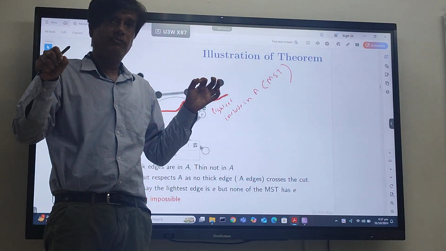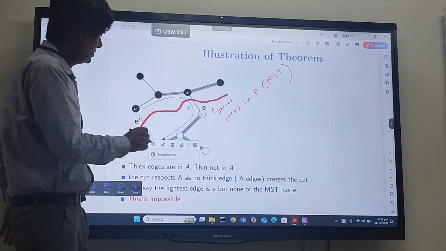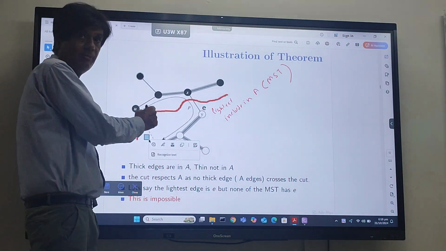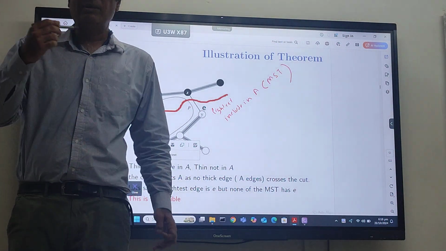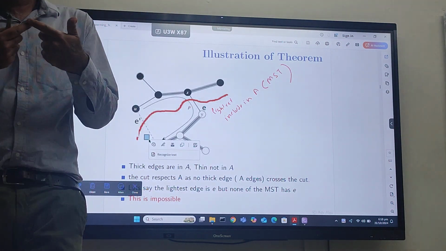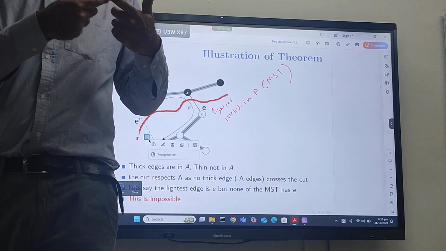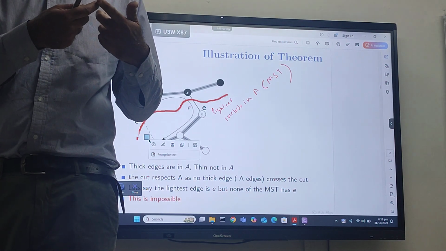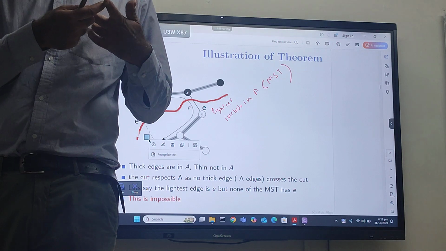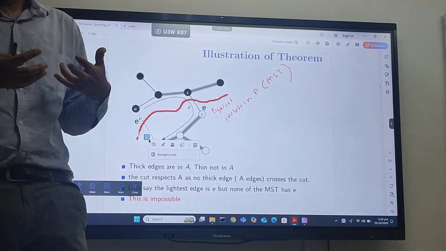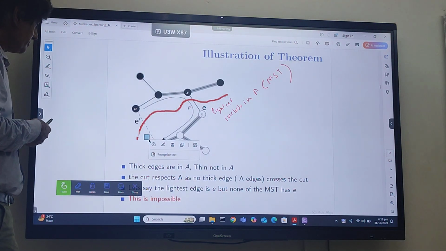Why can't we have two edges? Because that way it will form a cycle. So we can only have a single edge connecting any two parts, and that edge has to be the lightest possible edge that is connecting the two parts of the graph. Any question?